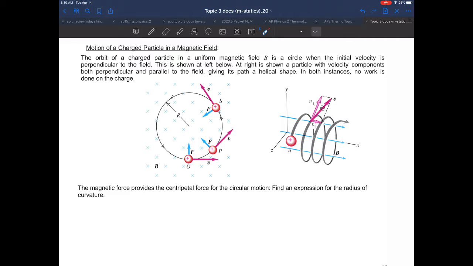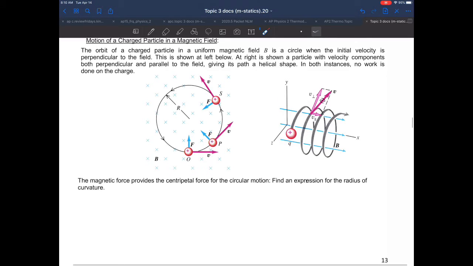But here's an example of a particle that not only has that motion in the xy plane, but also has some motion that is parallel to the B. And since that motion doesn't get affected by the magnetic force, because F is QV cross B, there is a certain part of velocity that does not get changed. And so that kind of creates this helix pattern that we see over here on the right.